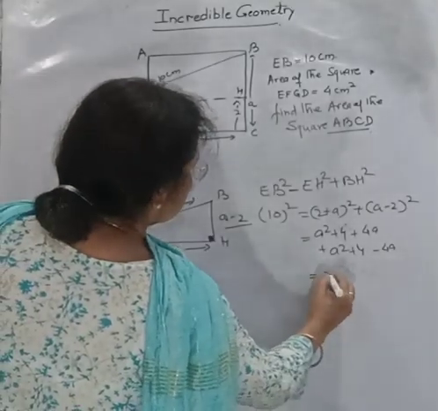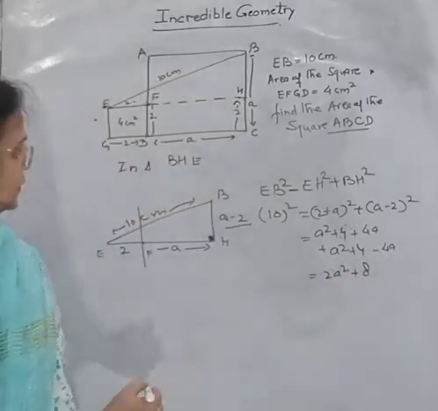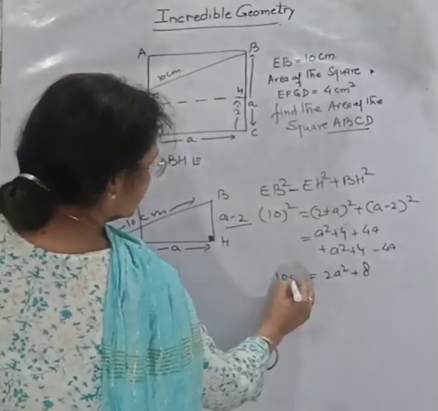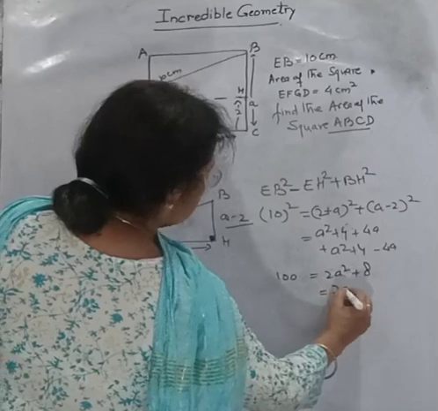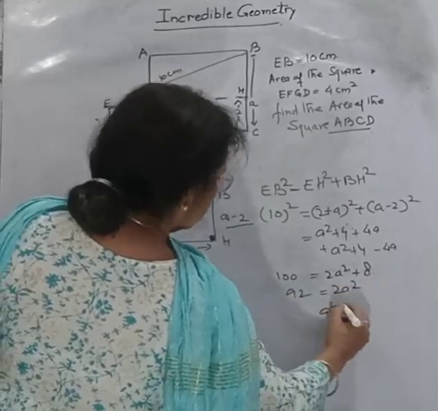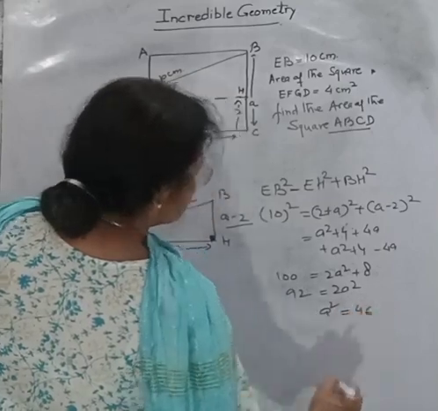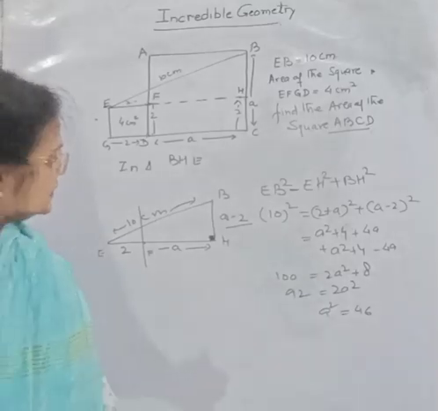Or we can say 2 times A square plus 8 is equal to 100. Or we can say 2 times A square is equal to 92. Then A square will be equal to 46. This is the answer.